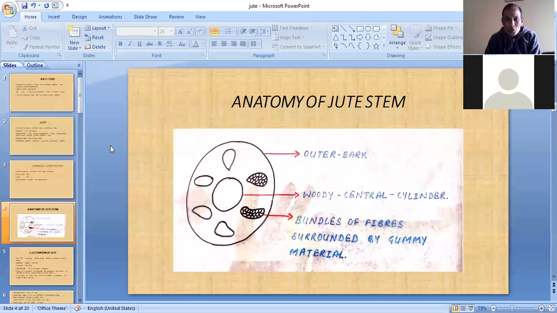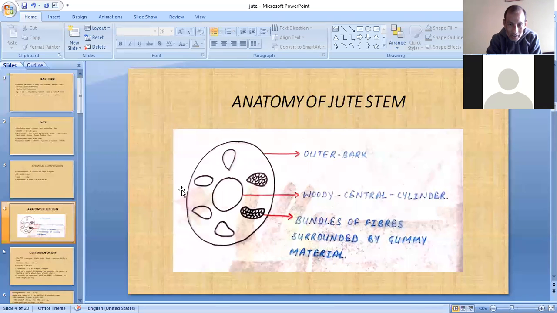Here we are taking anatomy of jute stem. जूट का जो स्टेम है, जूट फाइबर जिस स्टेम से हमें मिल रहा है, जिस तने से हमें मिल रहा है, उसका शारीरिक रचना कैसी है, उसकी एनाटॉमी कैसी है, that is indicated in this diagram.